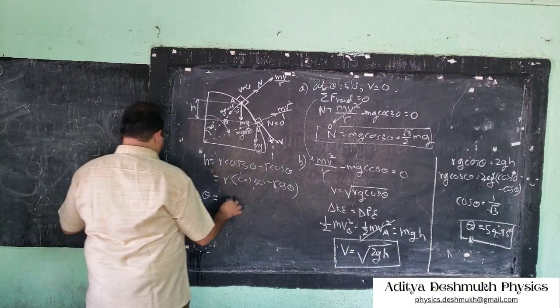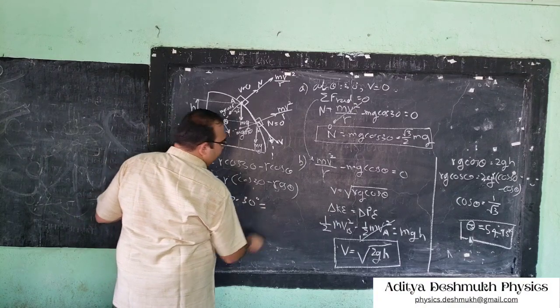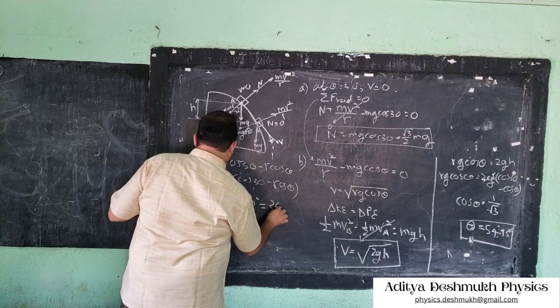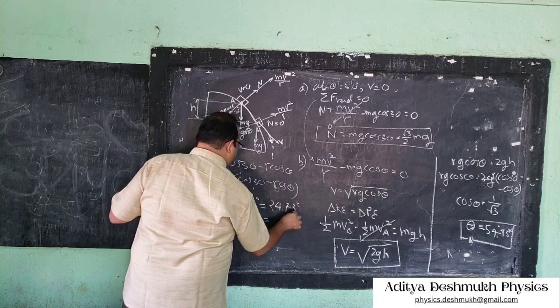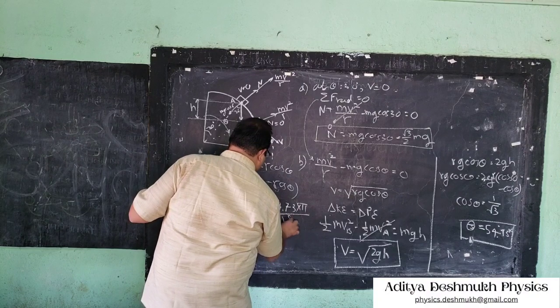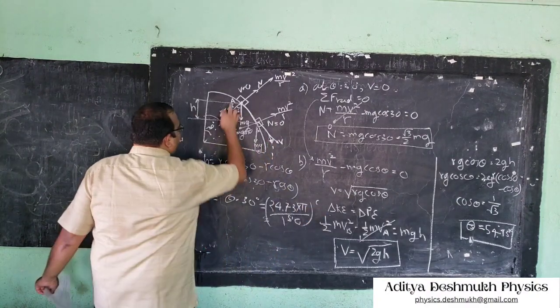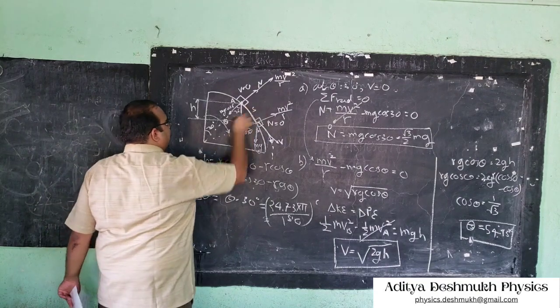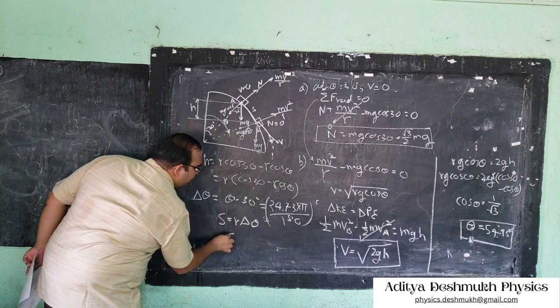It will be equal to theta minus 30 degree, which is equal to 24.73 degree, which, if I multiply by pi by 180, I will get in radians. So I can find this distance s by s is equal to r delta theta.